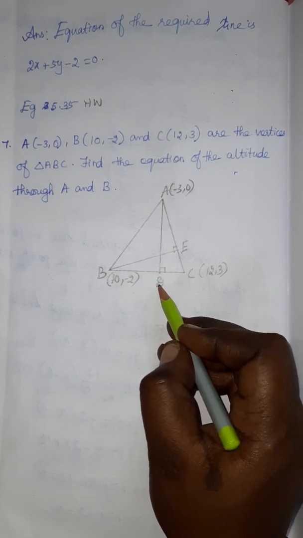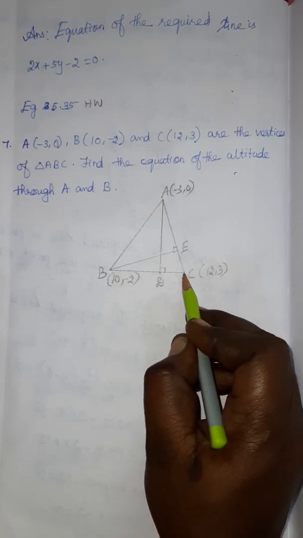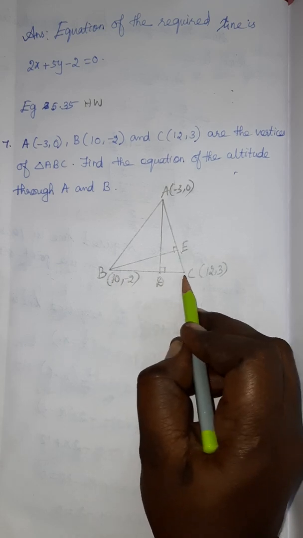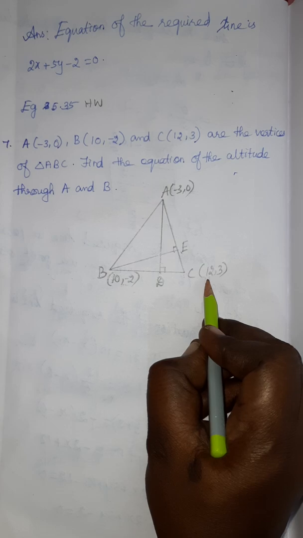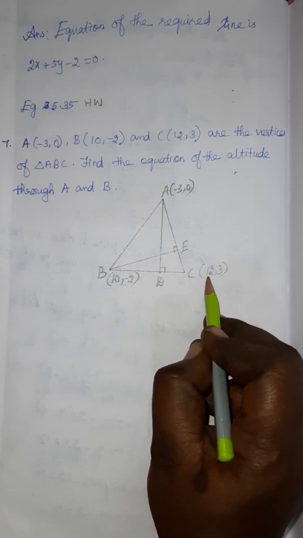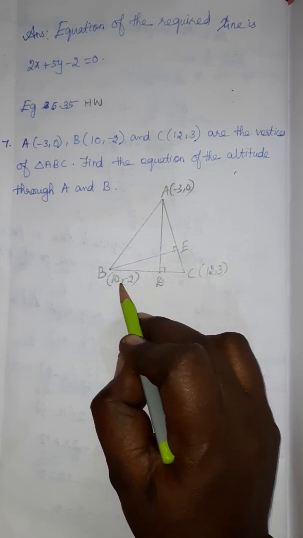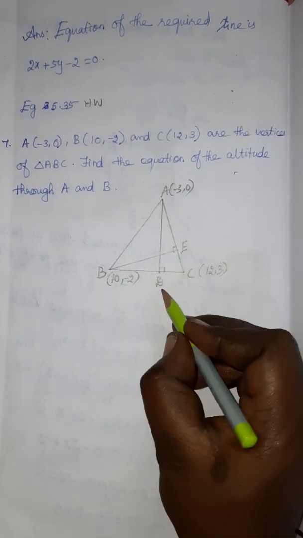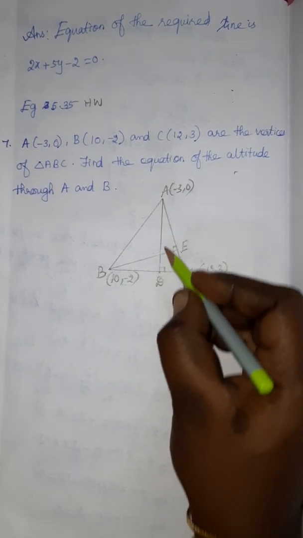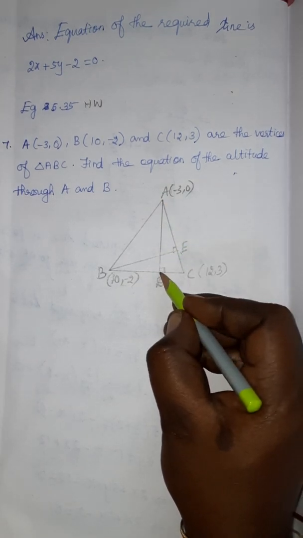It is the altitude, so it is perpendicular to BC. First you find the slope of BC using these two coordinates: difference in y coordinates divided by difference in x coordinates gives the slope of BC. Consider that slope as m1 and the slope of AD as m2.